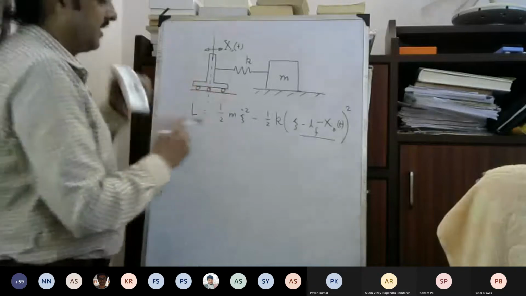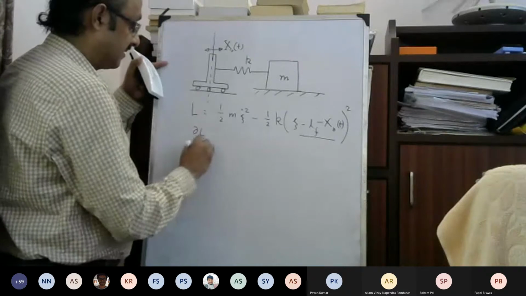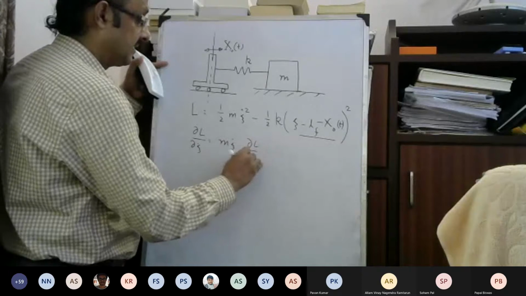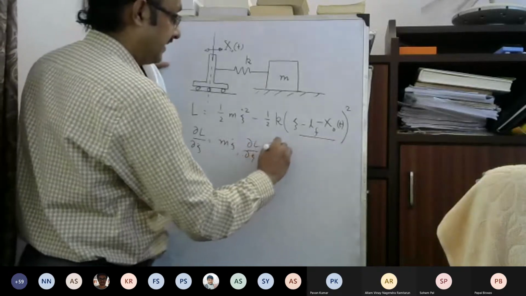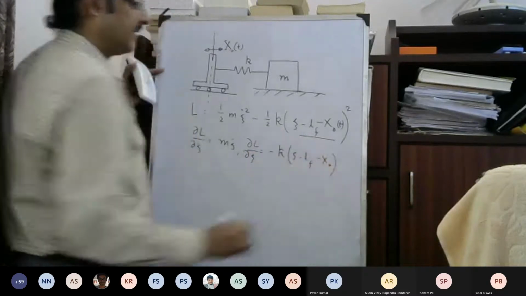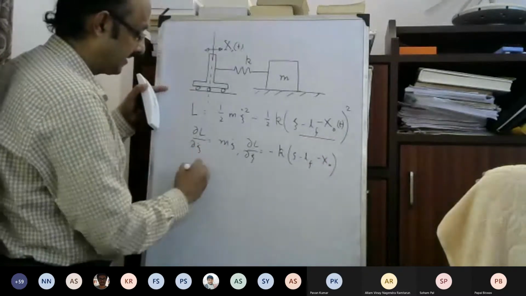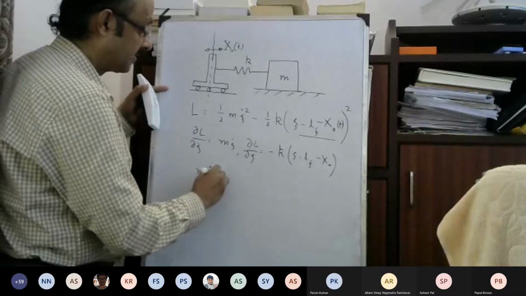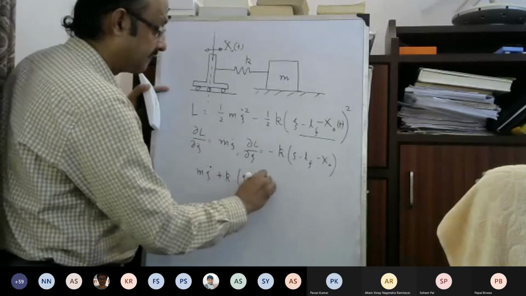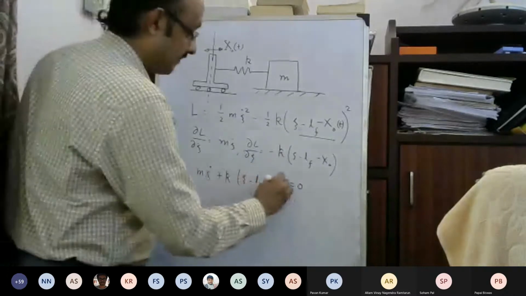Here we have del L del zeta dot equal to m zeta dot, and del L del zeta equal to minus k times zeta minus LF minus x naught. So the equation of motion will be m zeta double dot plus k times zeta minus LF minus x naught, equal to zero.